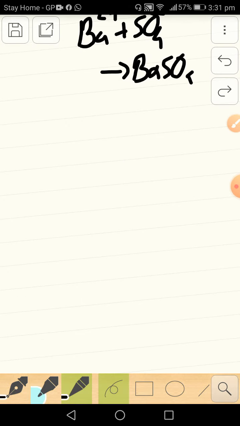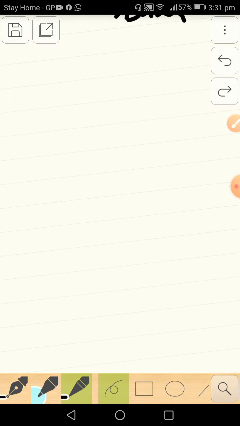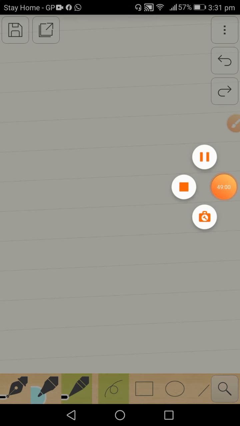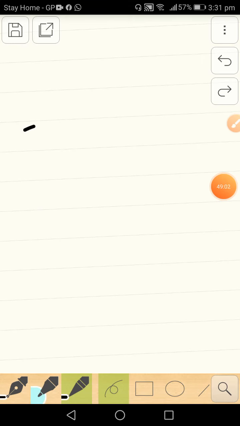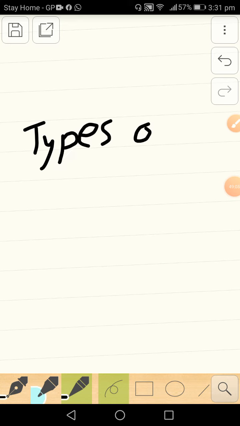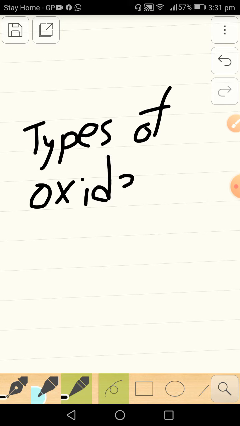Okay, now let's move on to types of oxides. So types of oxides, or different types of oxides we will be dealing with. Okay, so it's very simple.